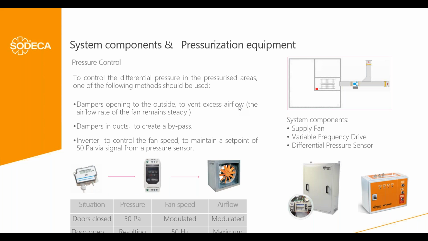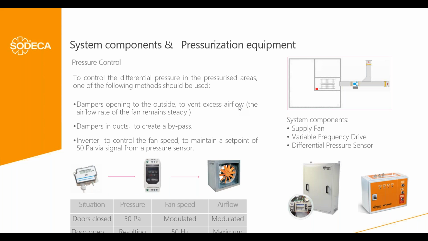In any case, as we have mentioned, one of the most important things is that we have a system that is designed for different situations: door open condition with a higher flow, and typically door closed condition with a low requirement of airflow, and we have to modulate the flow in order to control the overpressure in such conditions.